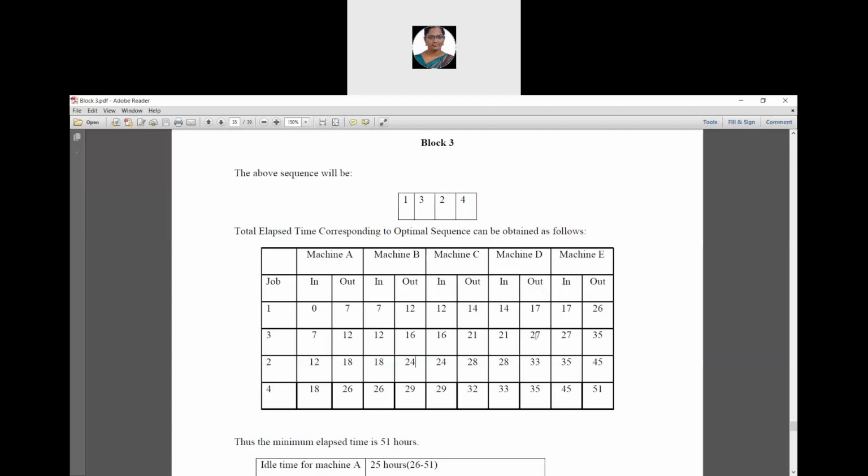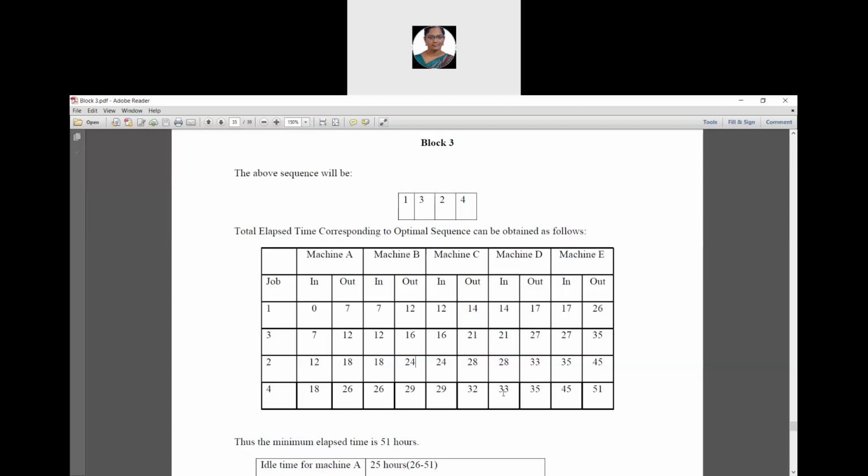Then 27 and 28 is there. We have to compare these two things, and for the second job, out value is maximum of 28 and 27. It is 28. Then for out value, we have to add in value 28 plus processing time for the second job in machine D. It is 5. So 28 plus 5 is 33. Then maximum of 33 and 32 is going to be written here. It is 33.